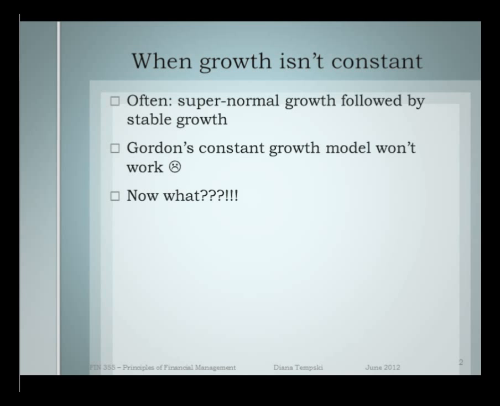That is a trend that often happens, where there's supernormal growth for a few years, sometimes a year or two, maybe 3. It's quite typical for that amount of time. And then it's followed by a more stable level of growth over time.